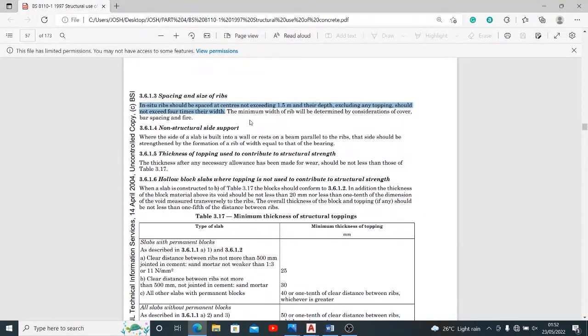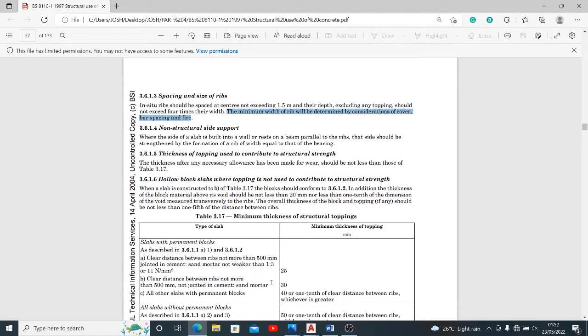Now another one says that the minimum width of rib will be determined by considerations of cover, bar spacing, and fire, right?